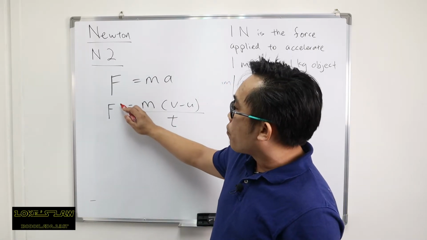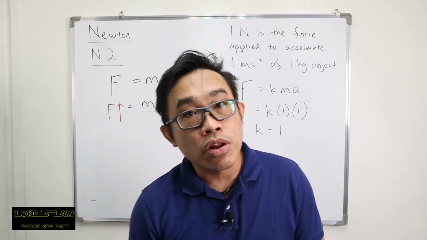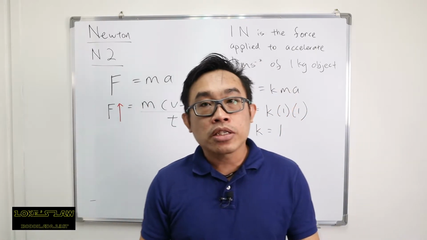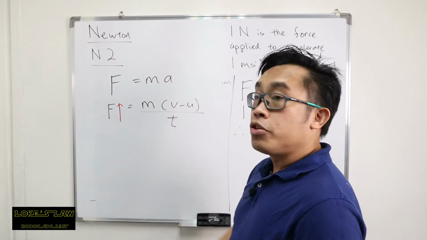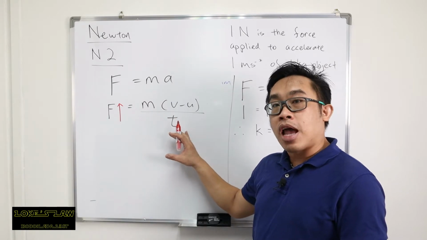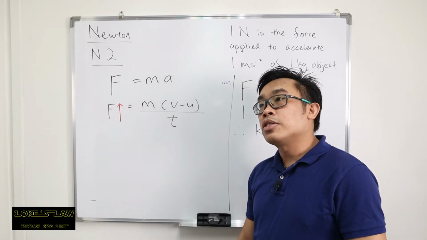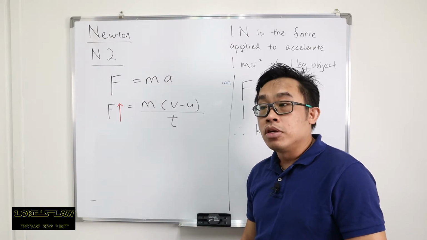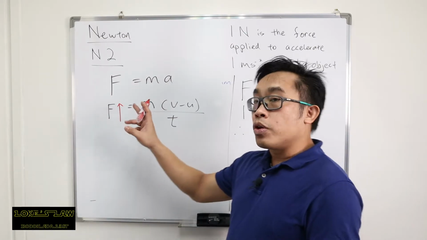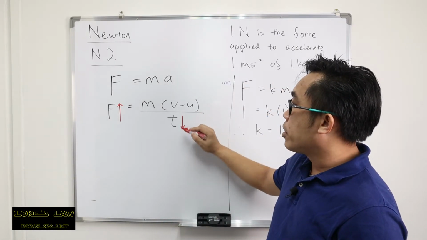Imagine that in order to create the highest force that you can, according to the arrangement of this formula, F and t, when any variable is located at the bottom of the equation, are inversely proportional. That means that when you want to increase F, you have to reduce t.